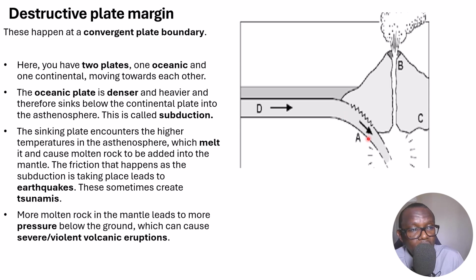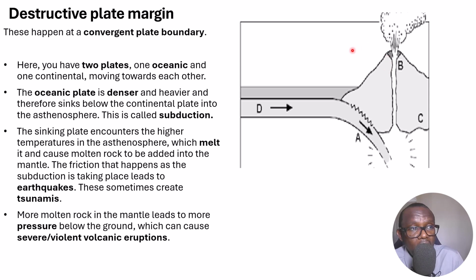As it melts, it's going to add a lot more magma, or molten rock, in the mantle, and that is likely to lead to the mantle having a lot more pressure. Now that pressure could be released eventually in a volcanic eruption here.